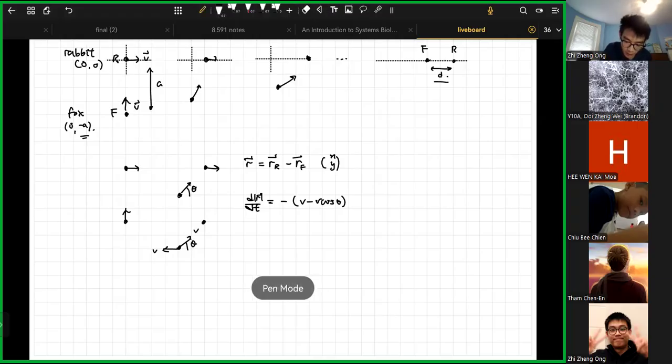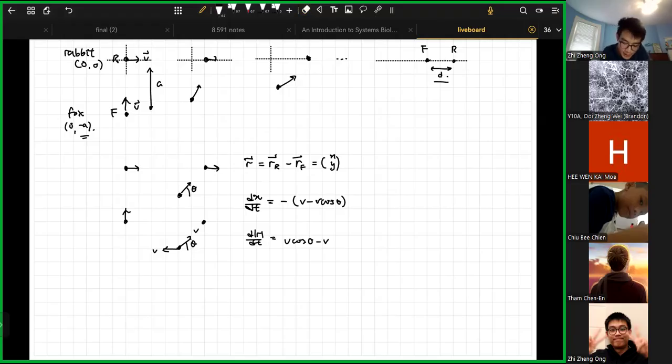The x component of the separation, which is in this direction, is this, and the radial component, hmm, oh, the radial component is going to be v cosine theta minus v. Okay, that makes sense.